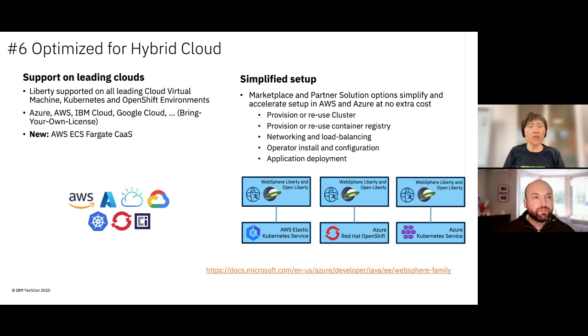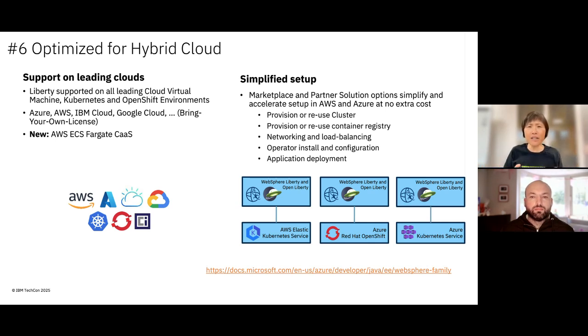Yeah, so most of the customers we have interacted with have adopted a hybrid cloud infrastructure. They deploy some of their applications on-prem, on the private cloud, and some applications on the public cloud. One thing I want to emphasize is that Liberty works great on this hybrid cloud, either on-prem or public cloud.